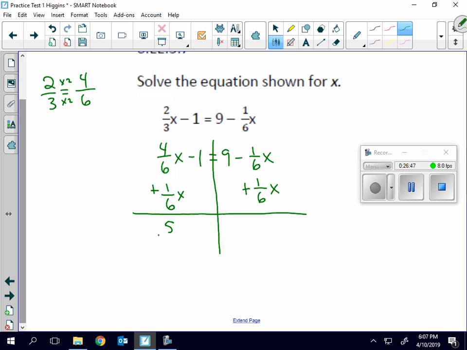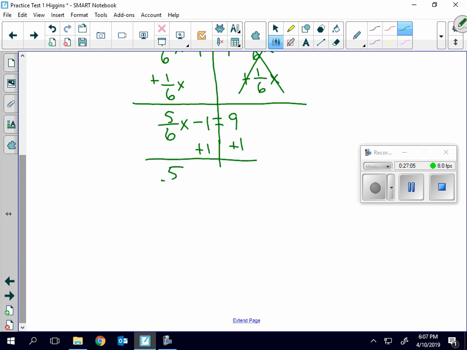That's 5/6 x minus 1 equals 9. Okay. Then we're going to move all the constants to the right, so we're going to add 1. All right, we're going to be left with 5/6 x equals 10.